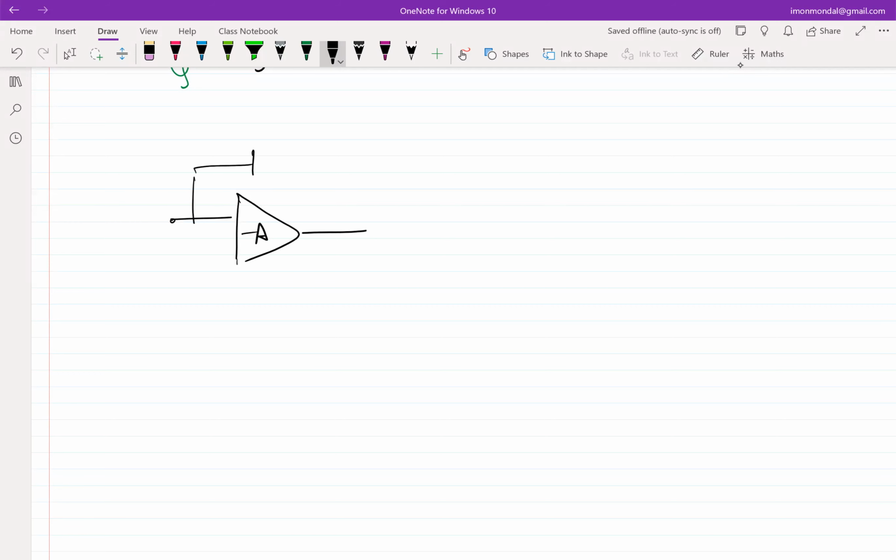So what if I put a capacitance here like this? What is the impedance looking in here? How do you figure out impedance? You do the same old. This is V test. This becomes minus A times V test. What is the current that flows through the capacitance?